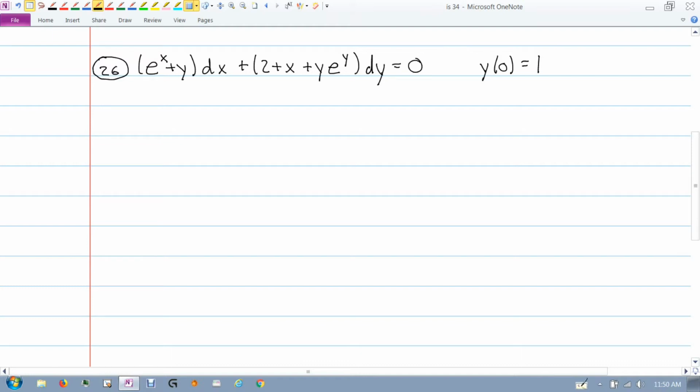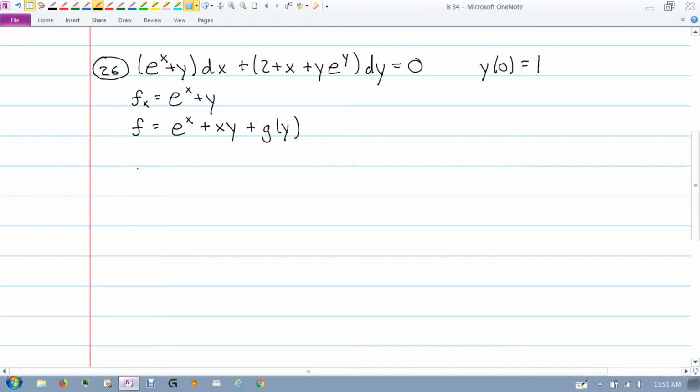All right, so now we go in, and again, it's exact, so I know partial of f with respect to x must be the e to the x plus y. The antiderivative of that with respect to x is itself e to the x plus xy plus some possible function of g.